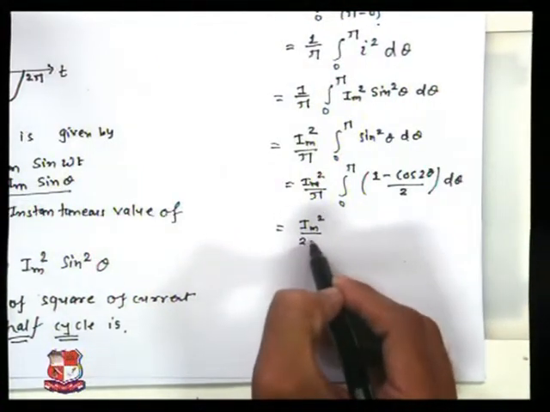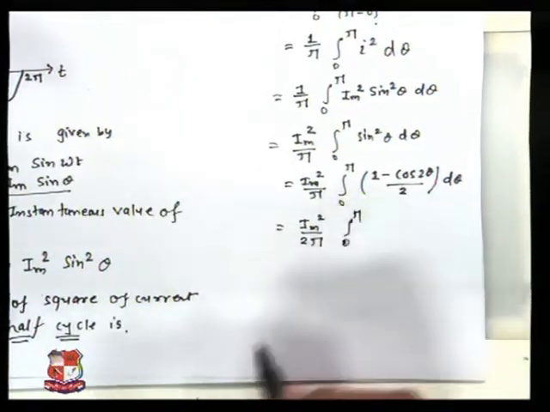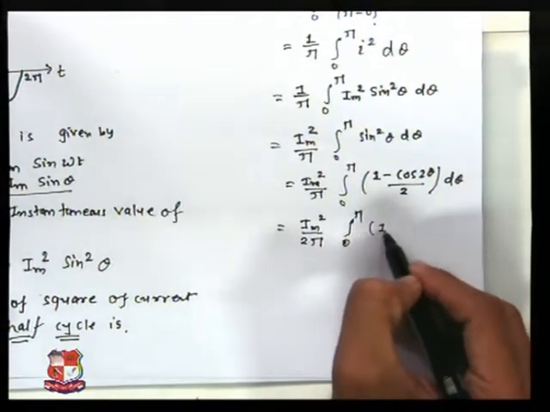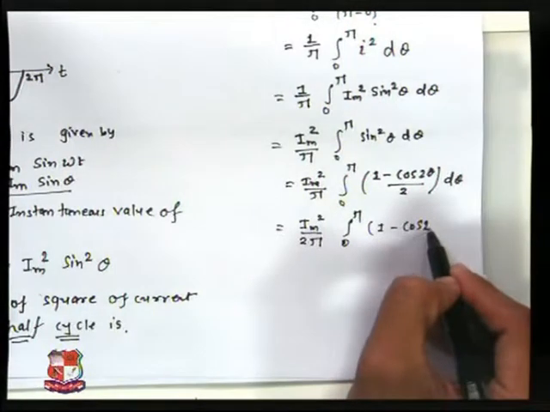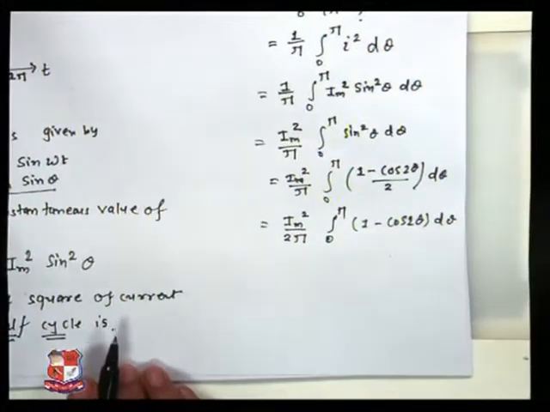Im square upon 2 pi integration from 0 to pi of 1 minus cos 2 theta d theta.